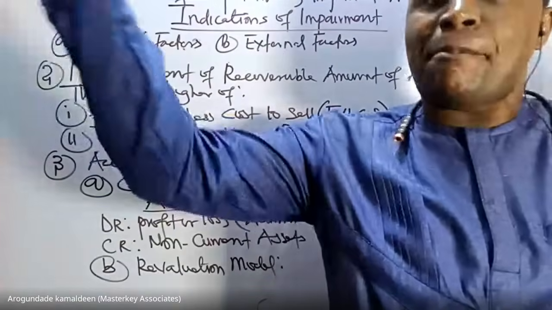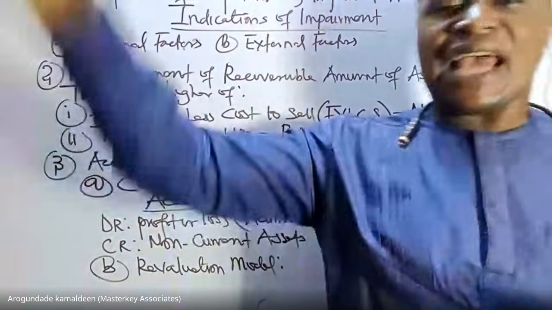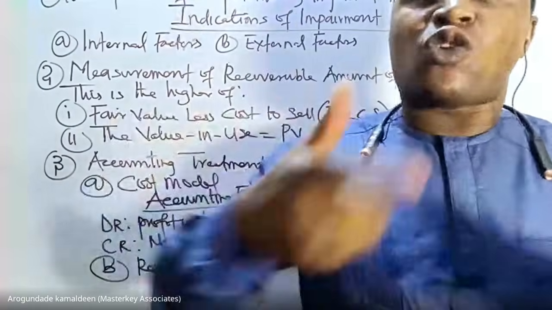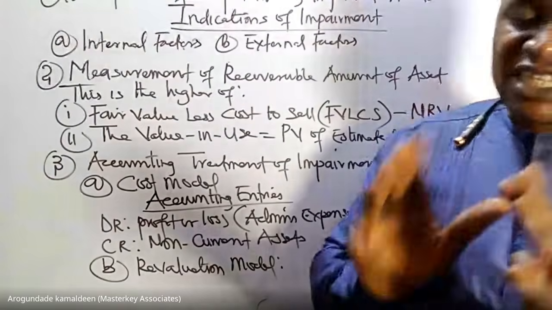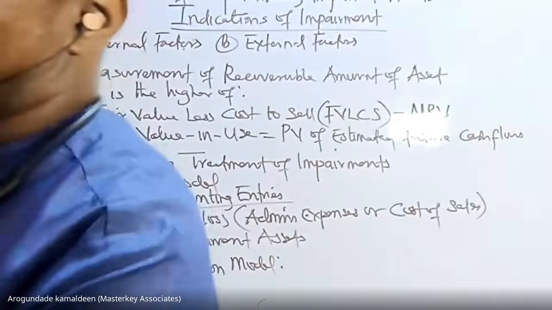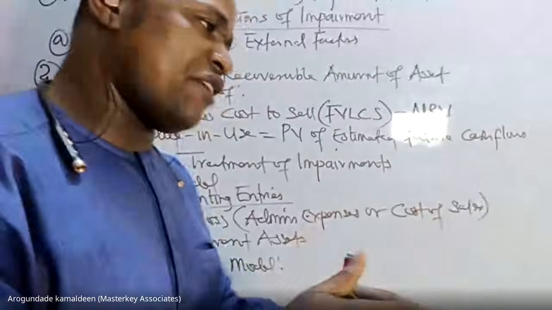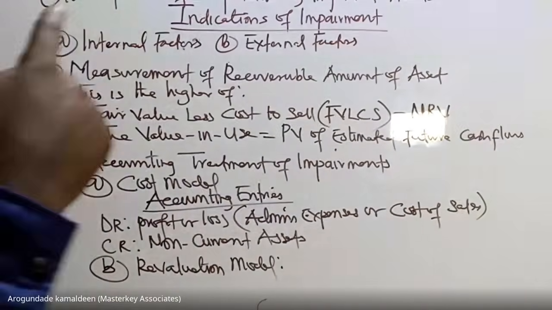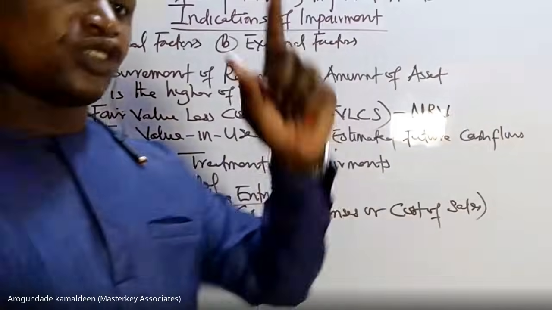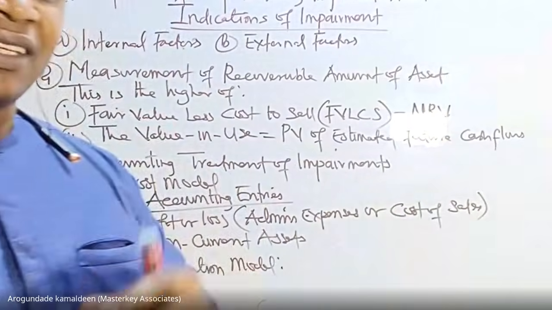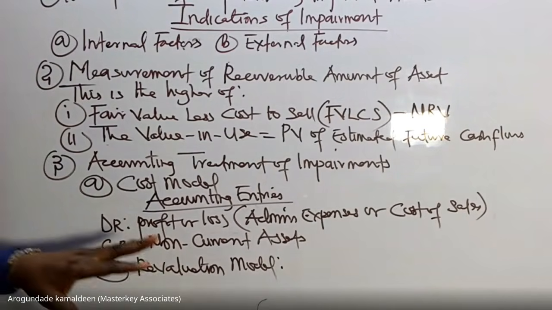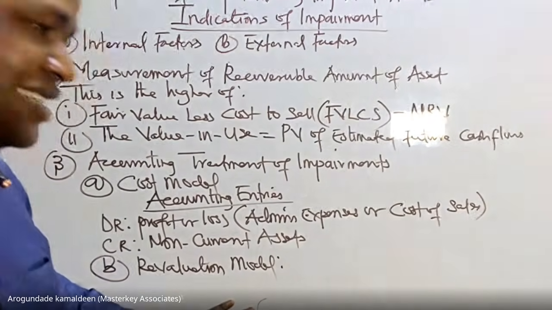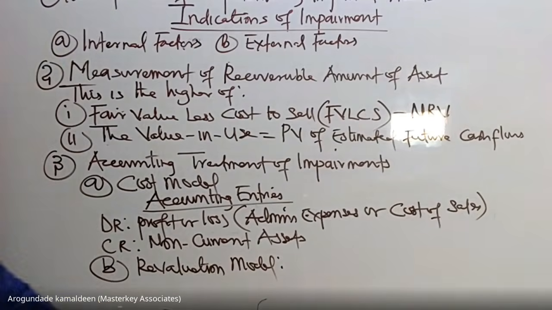So the revalued amount you get, which is the fair value, is going to be the closing carrying value of that asset in the statement of financial position. Now, when you do revaluation, it is possible you have a revaluation surplus or deficit. Please bear with me here. So, under the revaluation model, the asset could have an existing revaluation surplus or deficit.